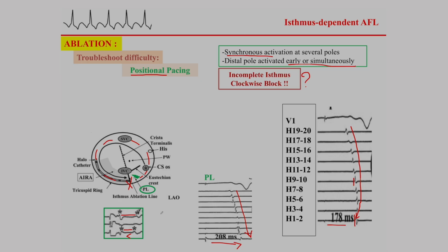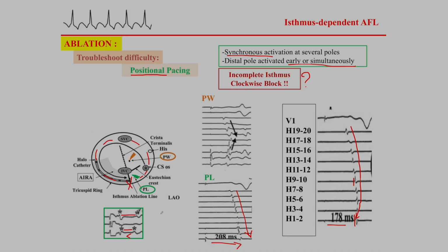And to explain this posterior feature of the double potential here, we will introduce another positional pacing from the posterior wall of the septum. And here what we see is an early activation. This is the isthmus, and this is the distal part of the halo.